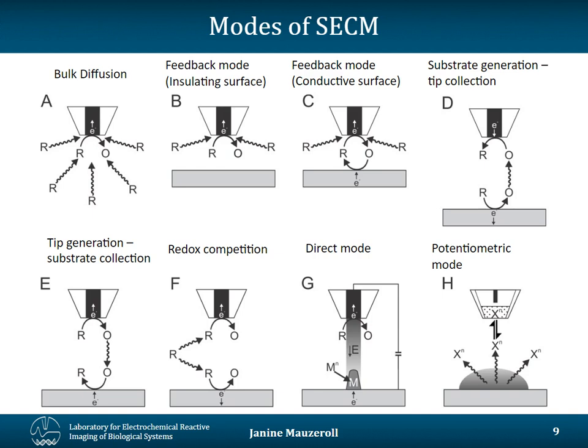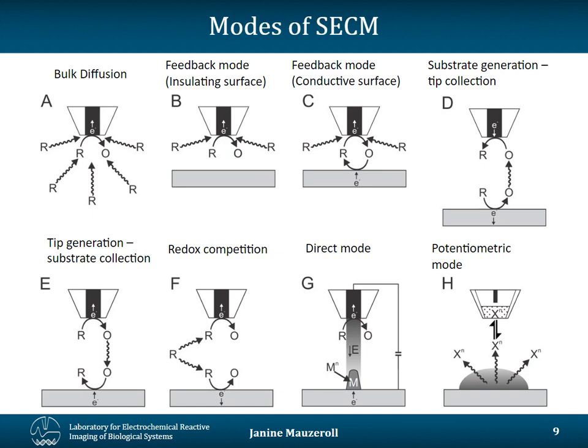And when we decide to approach the microelectrode to a surface, which is highlighted in gray, we see that the diffusion of the species to the microelectrode surface is sometimes hindered in panel B by the physical presence of the substrate, or in C, it can be influenced by how fast that electron transfer occurs between species O and R at the substrate, which is in gray.